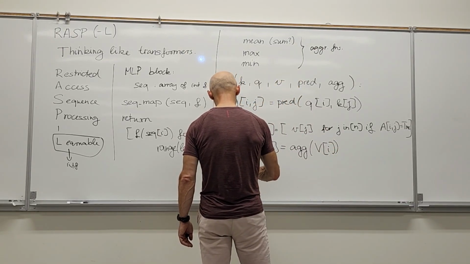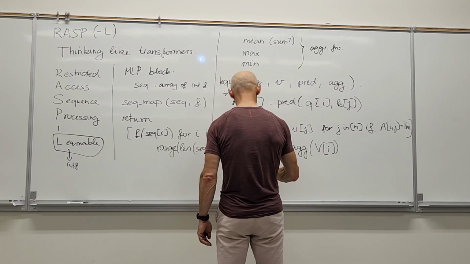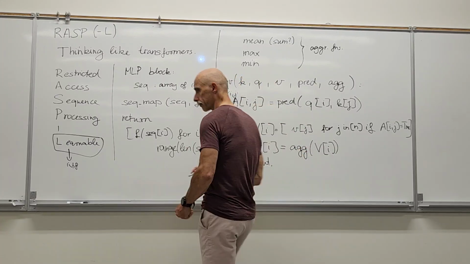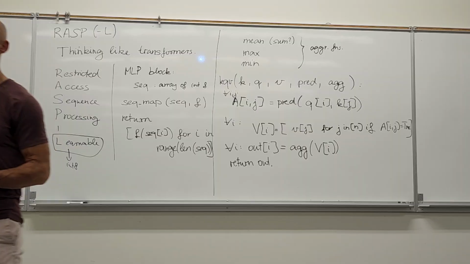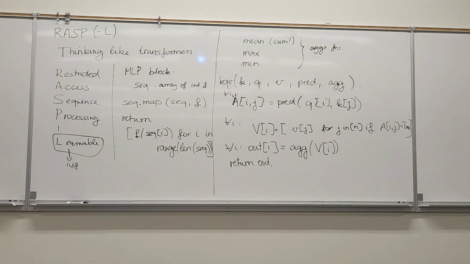And then you return the output. Yeah. So is the attention score always either 0 or 1, or can it be like a number in between 0 and 1? So here, it's going to be true or false. This is abstracting away real numbers, no real numbers.